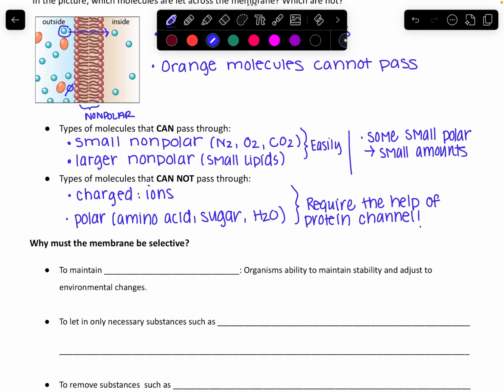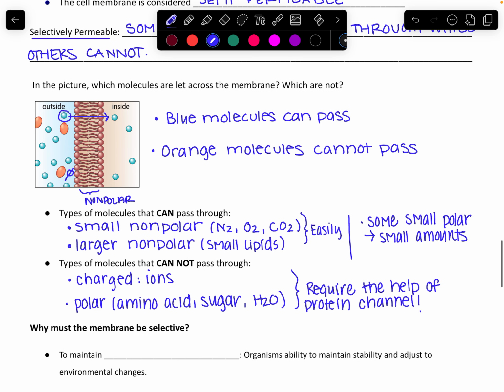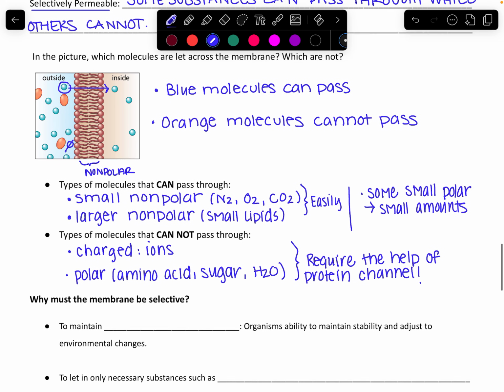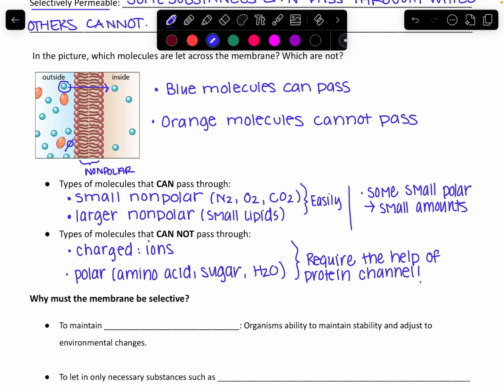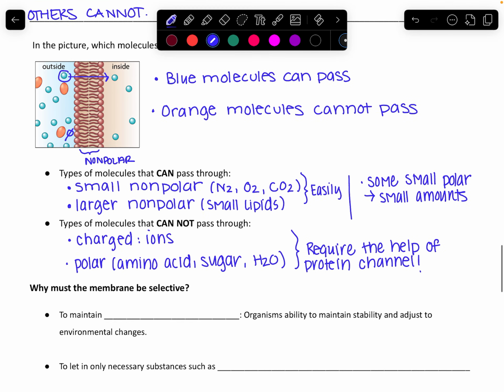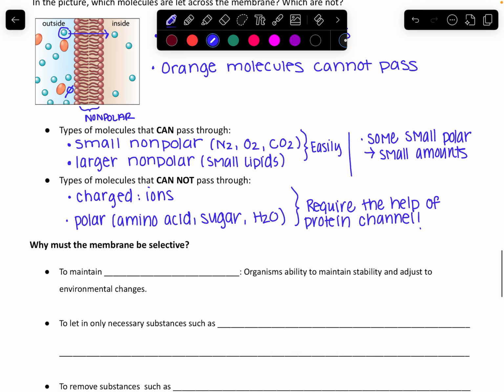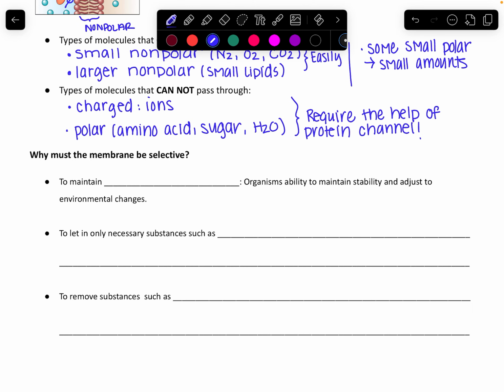Okay, thinking about why our membrane is selective in the first place, why is this important? Why does it control what can leave and what cannot? It's really important to be able to control this so that our cells can maintain homeostasis. Remember, homeostasis is an organism or a cell's ability to maintain a stable internal environment even though the external environment is changing.